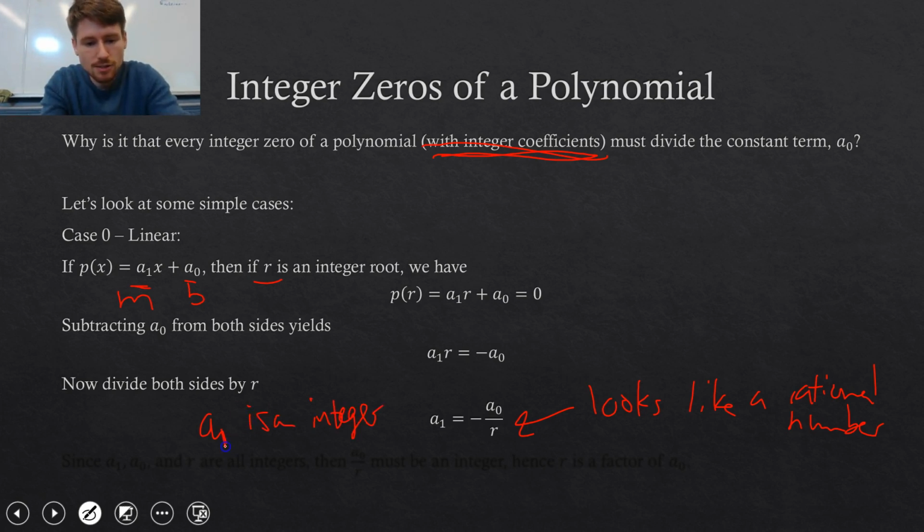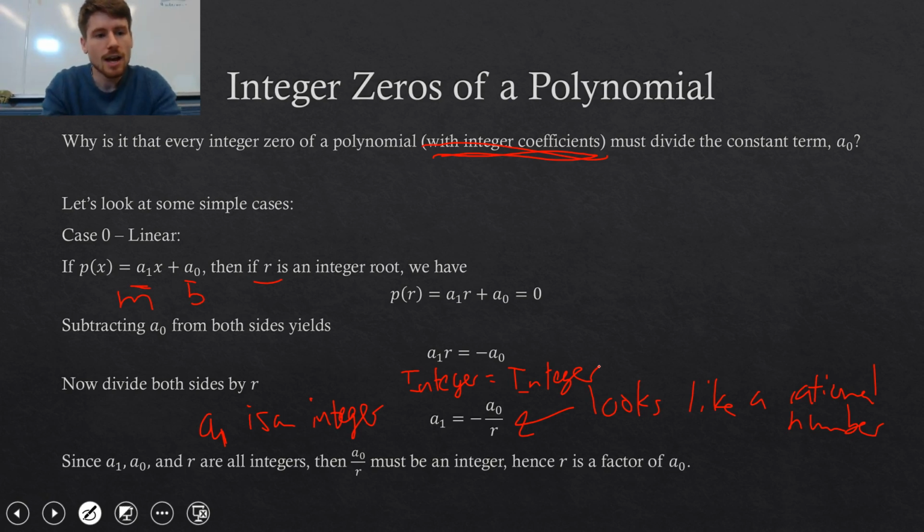And so we have an integer on the left, and it equals an integer on the right. It must equal an integer on the right because they're equal to each other. And so a1 is an integer, so that means that negative a0 over r must be an integer. And a0 over r being an integer means that a0 is divisible by r. It means that r is a factor of a0.